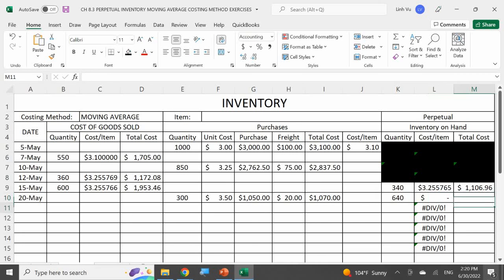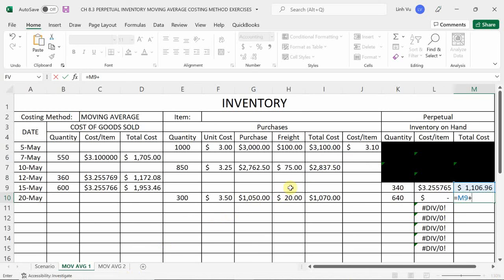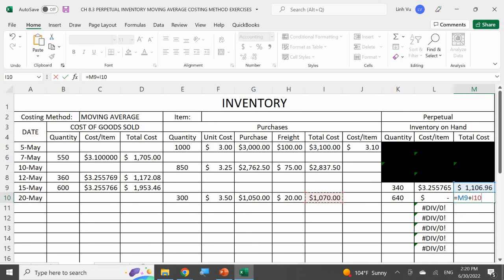Okay. And let's see what my total is here. 1,106.96 plus my 1070. What do I get? $3,176.96.